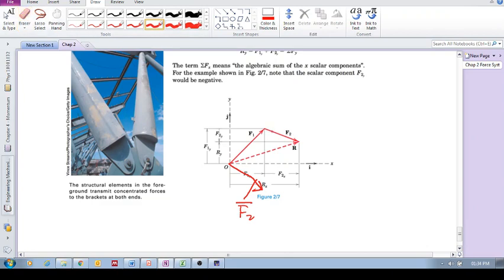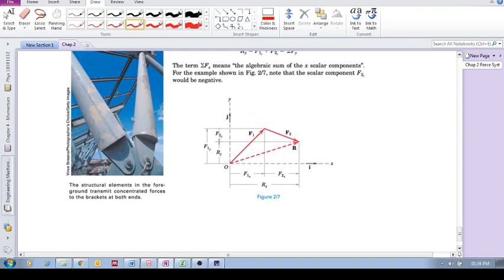So just remember that: F1 and F2 are both being applied at that point. They're showing us how to break each one up into its x and y.